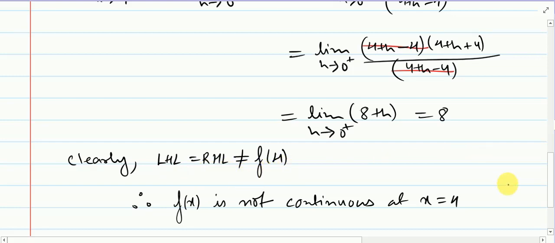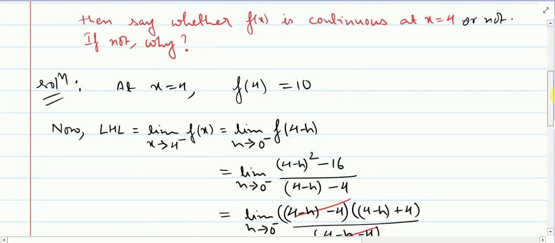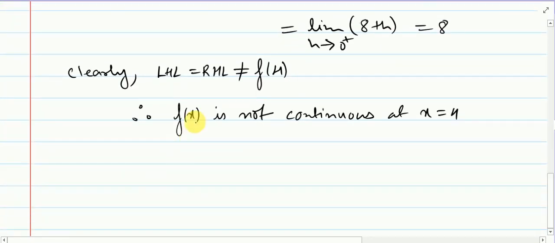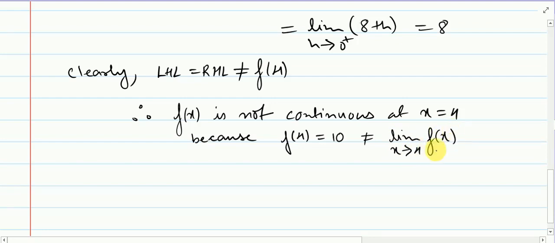If f of 4 had been defined as 8 over here, then this function would have become continuous. So the reason is it is not continuous at x equal to 4 because f of 4 is 10, which is not equal to limit x tends to 4 of f(x).